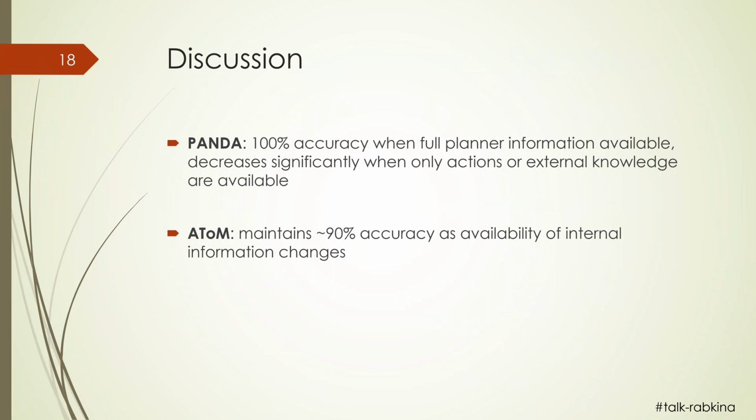Atom, on the other hand, maintains about 90% accuracy as that availability of information changes, which is an interesting finding and maybe suggests that looking at cognitive models to perform some of these tasks may be in some ways better when we're trying to expand the use cases.